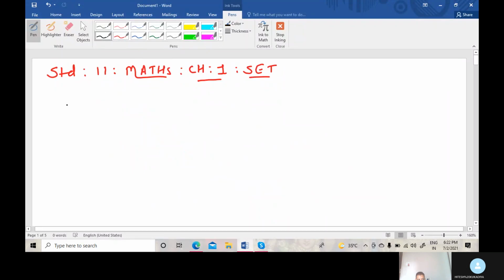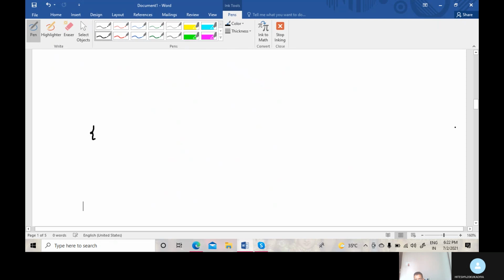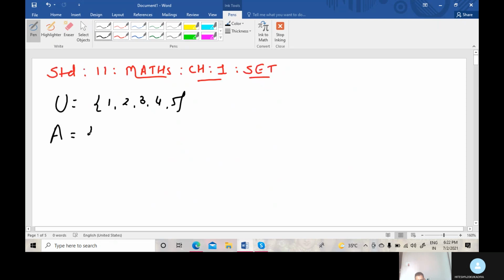Suppose universal set U equals {1, 2, 3, 4, 5} and A equals {1, 3, 5}. What about the complement of A? It is {2, 4}.